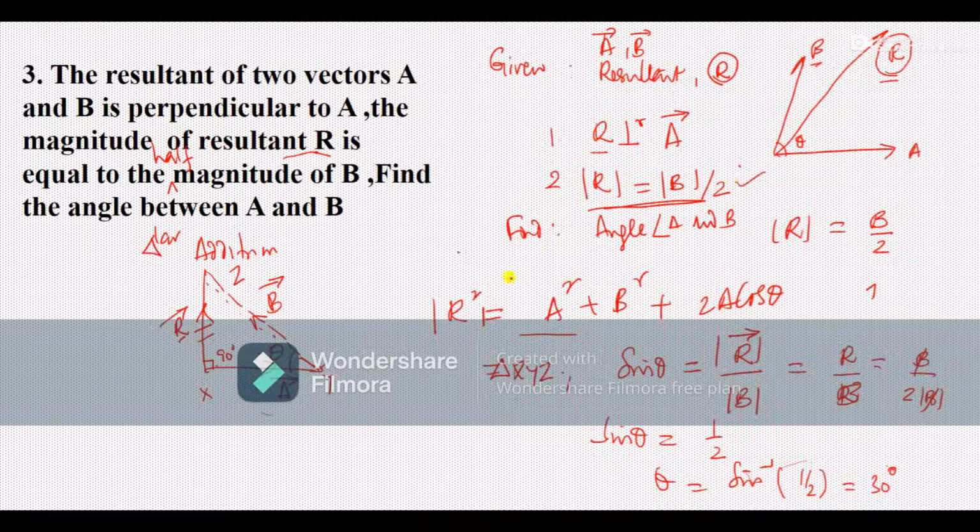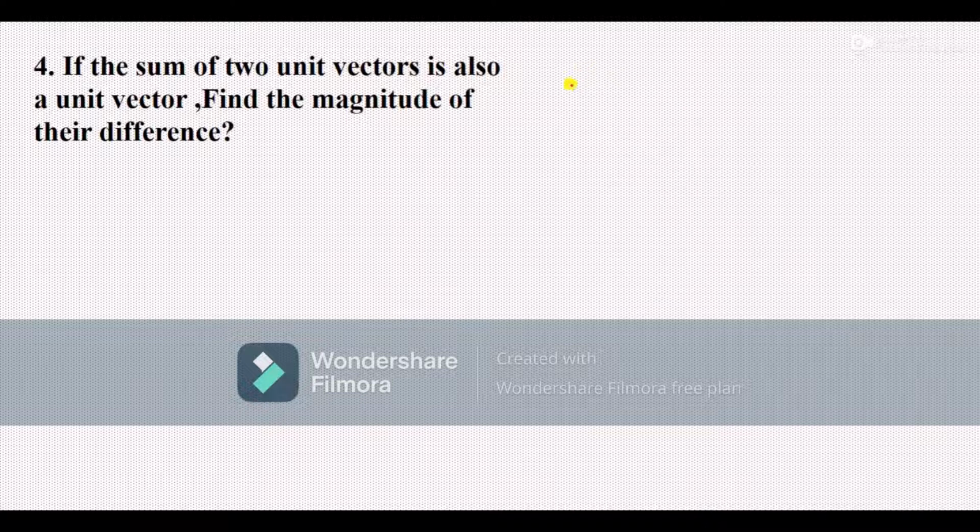Here we are given that R is perpendicular to A, and R shows that the sum of two vectors is also a unit vector. Find the magnitude of the difference.